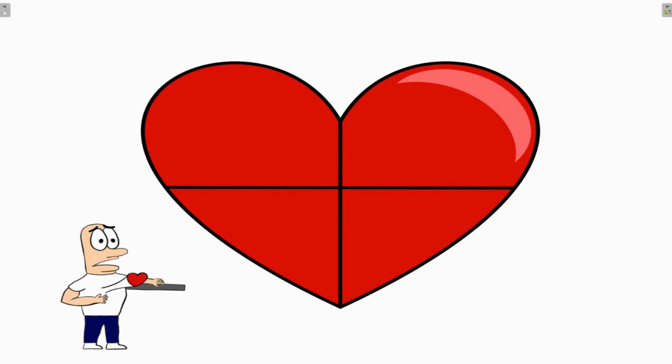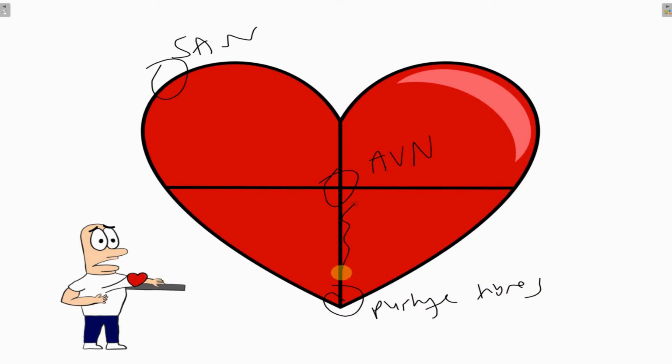That electrical activity is sent down sequentially through 3 nodes in the heart. So that's the SAN, also known as the sinoatrial node, the AVN, atrioventricular node, and Purkinje fibers, which are then sent down through the bundle of His.